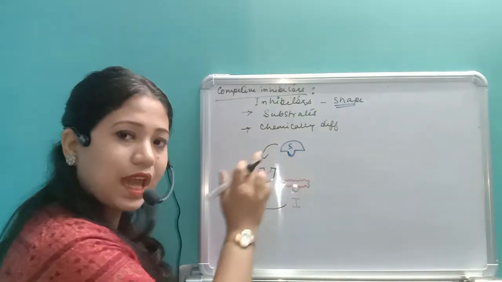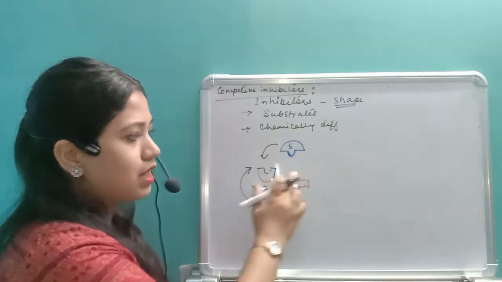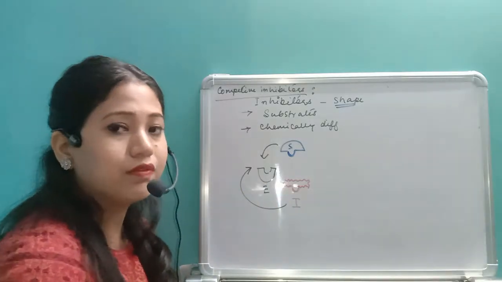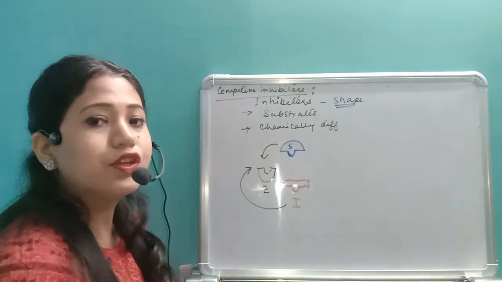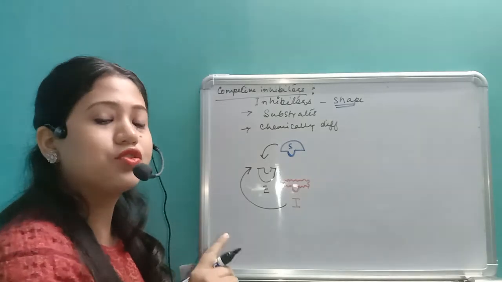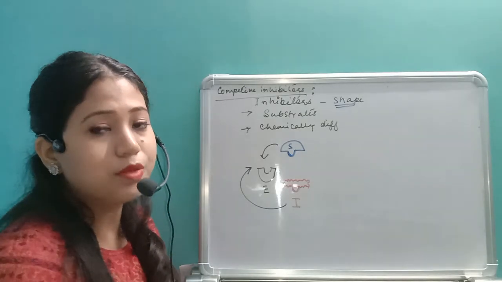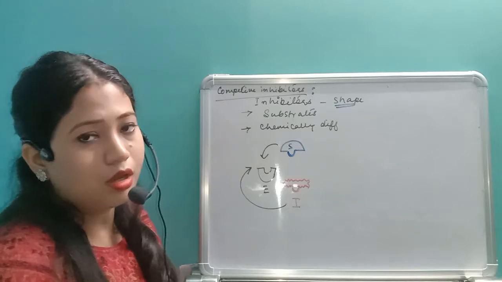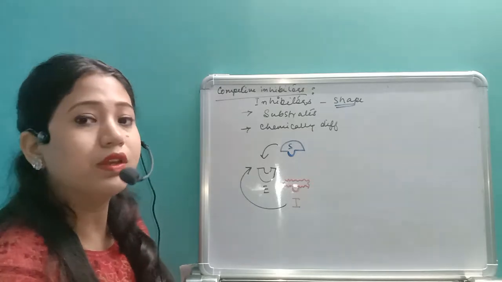The substrate can attach to the enzyme and convert into the product, but whenever inhibitors bind with the enzyme, they will not allow the substrate to attach. So the number of products to be produced will decrease.